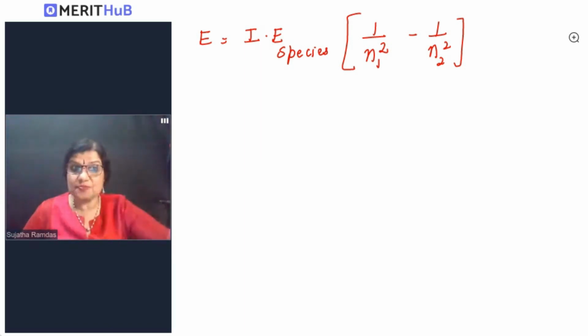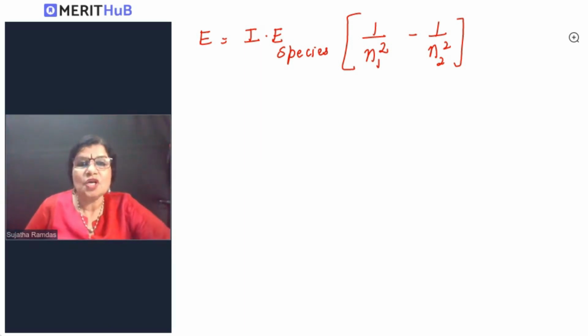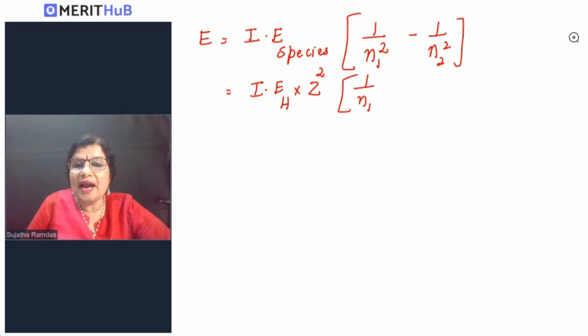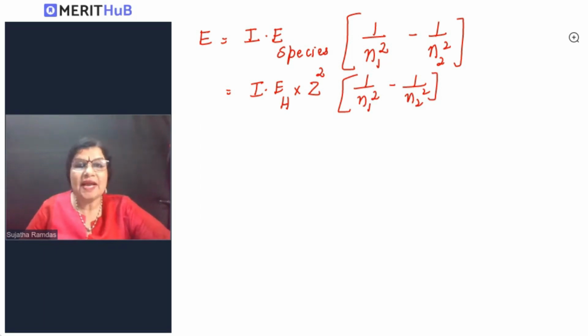So this is an emission spectrum. You remember that, correct? So this can be further written as the ionization energy of hydrogen-like species is equal to the ionization energy of hydrogen atom into the square of the atomic number into 1 by N1 square minus 1 by N2 square.